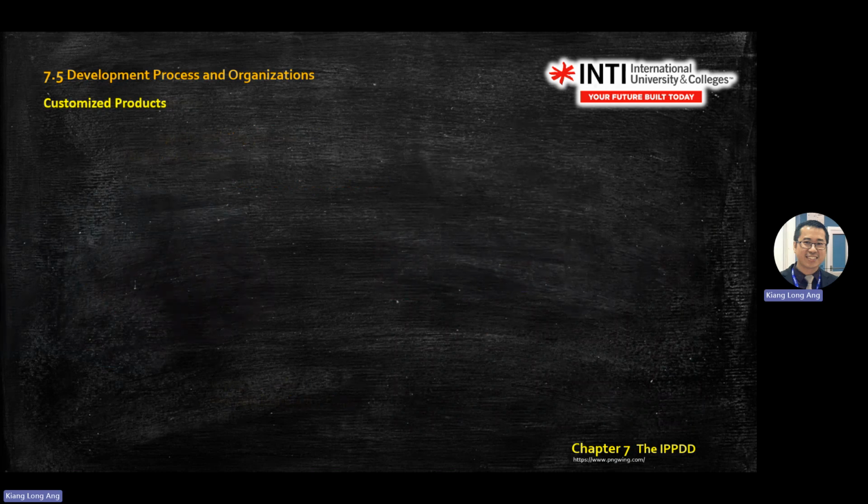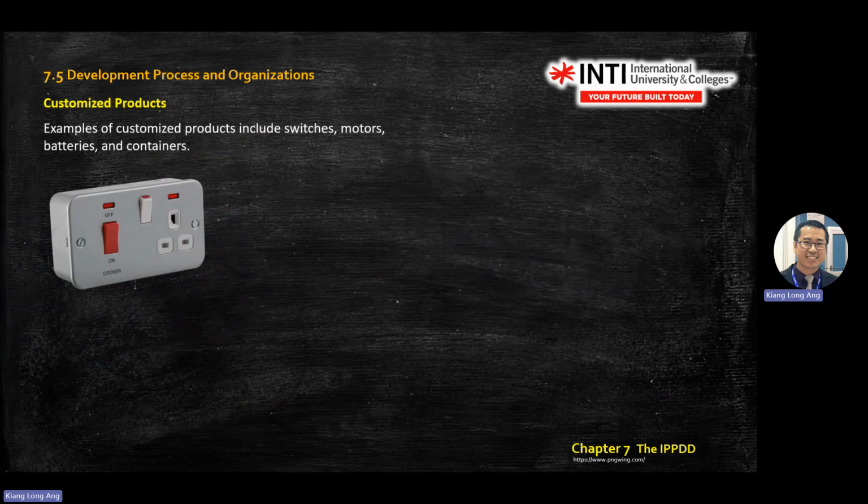All these are customized products. Customized products like switches. You need to customize based on country regulation. You know that there are different plugs in different countries. So when you travel to certain countries, you need to buy an adapter because of different regulation or different country power supply frequency.